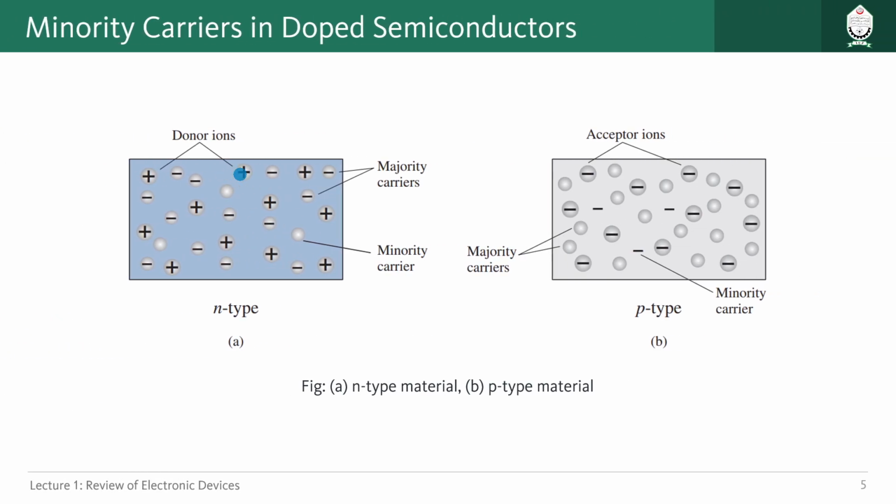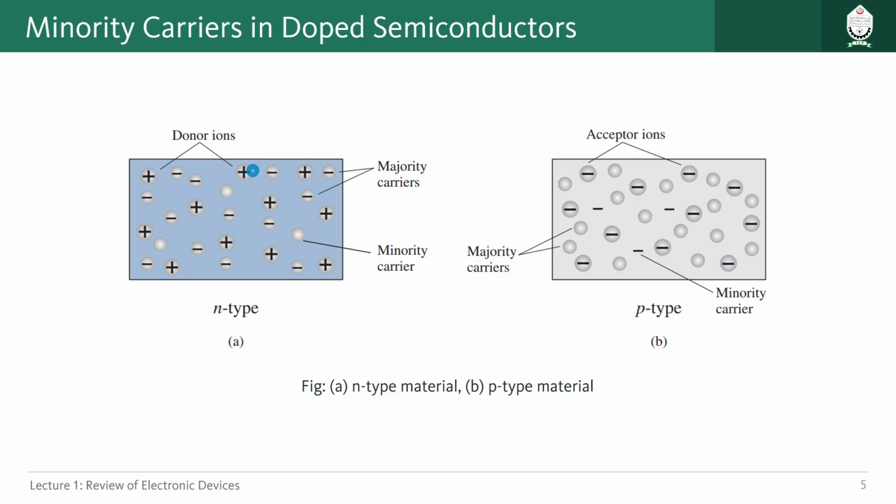Here we can see some visualization to understand how they look in n-type and p-type materials. You see donor ions are here, majority carriers are here, minority carriers are here for n-type. For n-type, holes are the minority carriers and majority carriers are electrons, and donor ions are shown as positive.